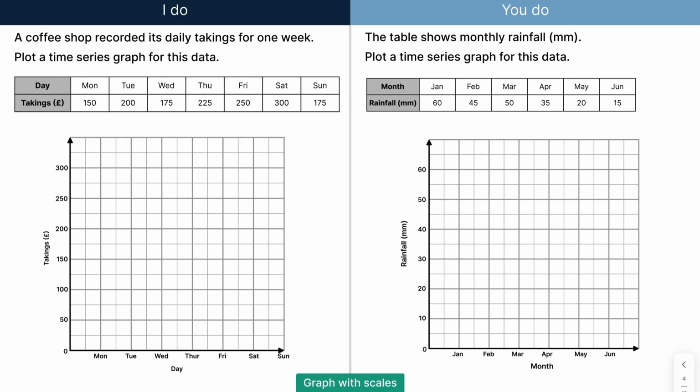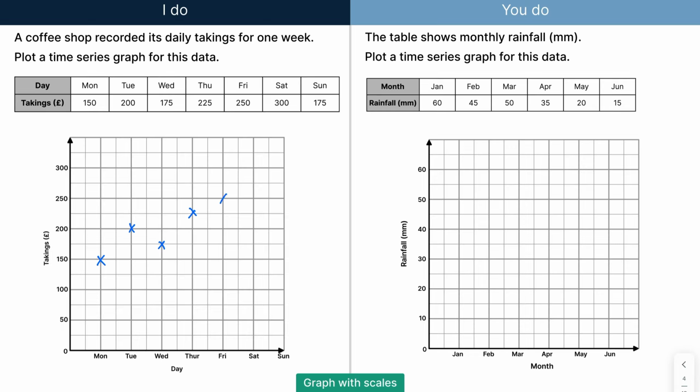Now with this one, we have got some data for a coffee shop. Straight away, I can see on Monday, the takings are 150. So I'm going to go to Monday, 150. I'm going to plot my first point there. Let me just grab my pen. Monday is 150. Tuesday is 200. Wednesday is 175, so that would be there. Thursday is 225, so that would be there.